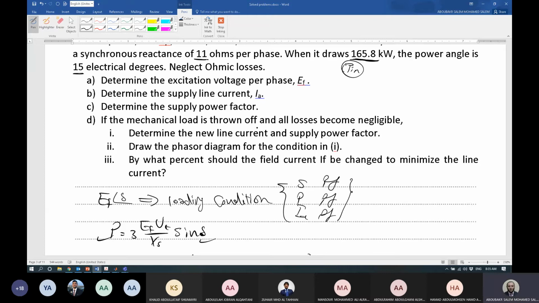Do we have copper loss here? It's stated that all losses become negligible. So if we have P out equals 0 and also P loss equals 0, what will be the input power?